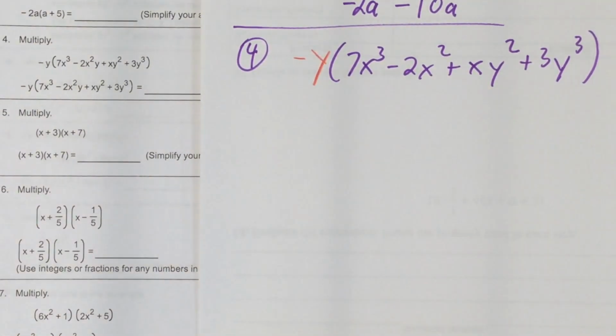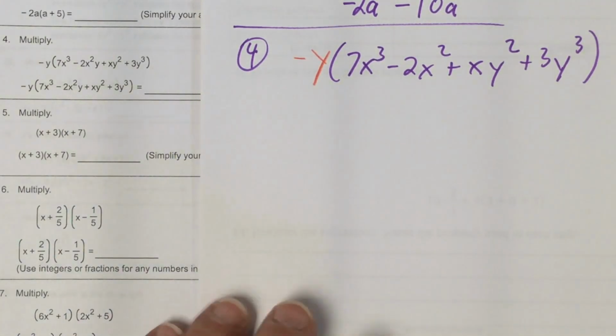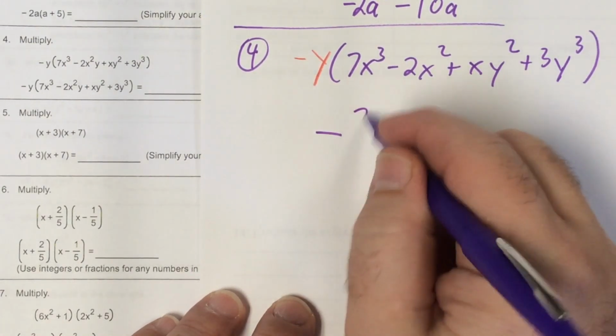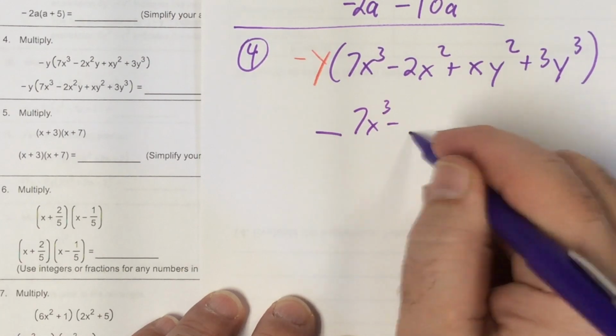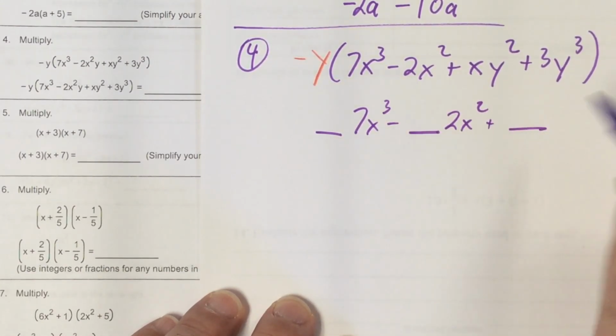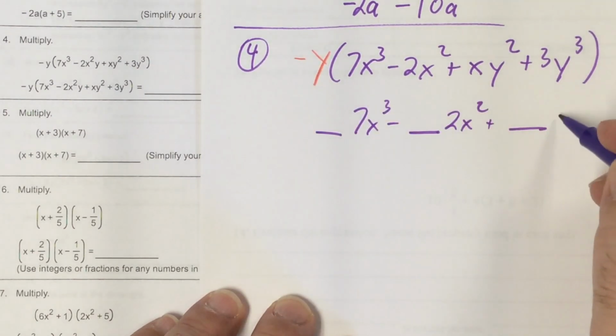Now, the expectation is you should be able to see this mentally, but in case you still struggle with this idea, I'm going to go ahead and write it out using the 2 different colors. I'm just going to write this out with a space to write that negative y.